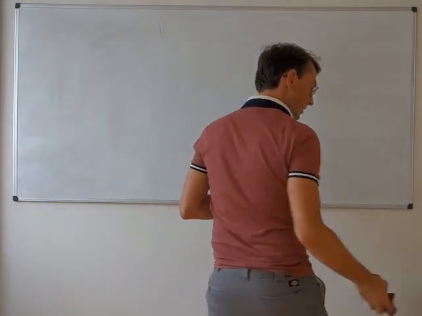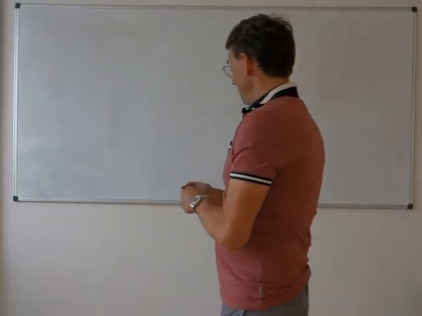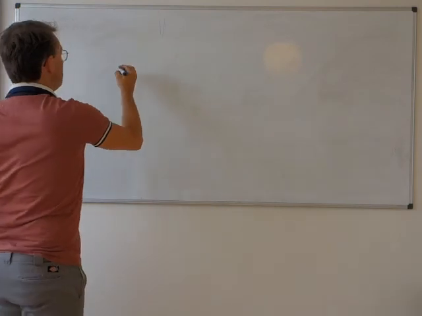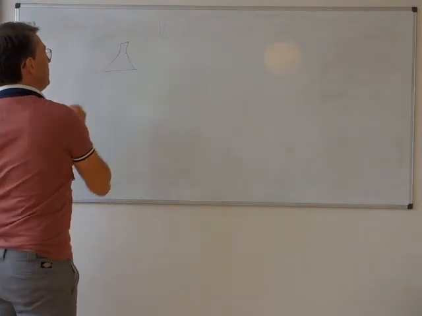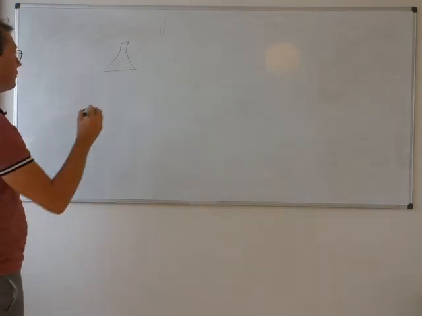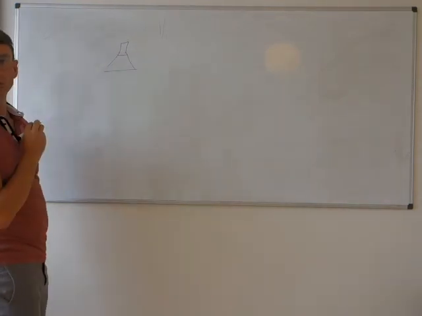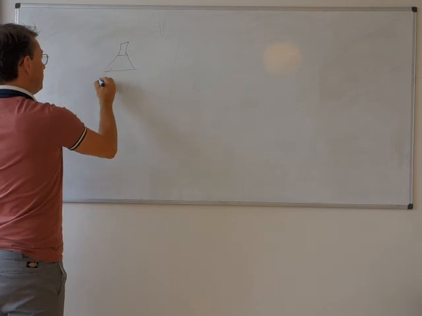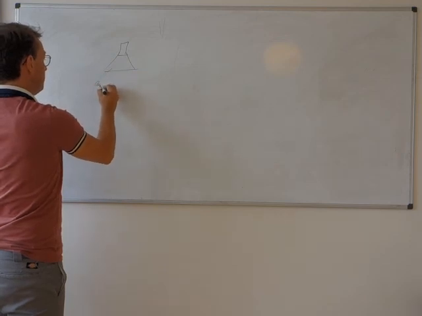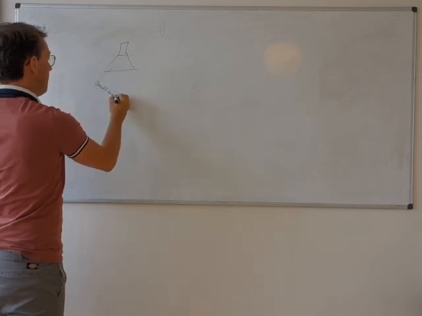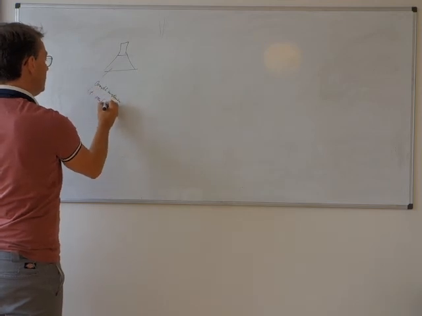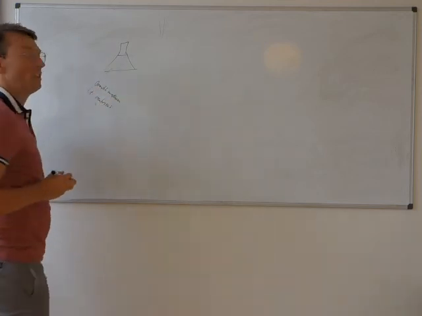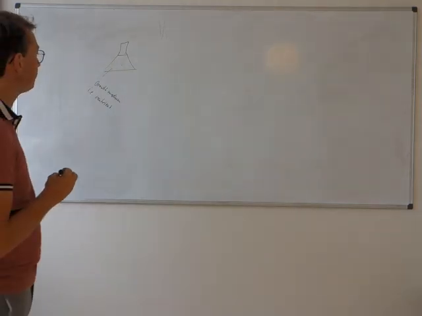Okay? So let's mimic such an experiment. We're going to take an Erlenmeyer, a flask, fill it with medium. So there is growth medium, and with that I mean nutrients. And we place a single cell in there, okay?